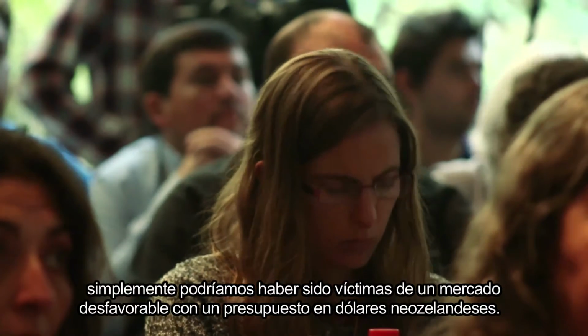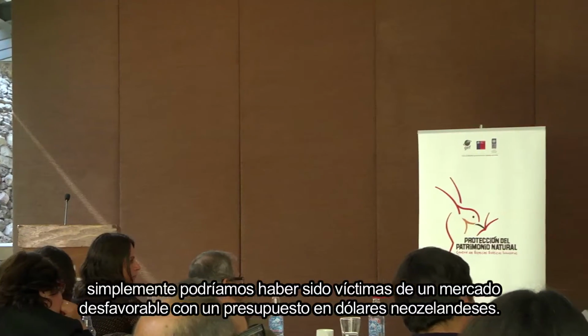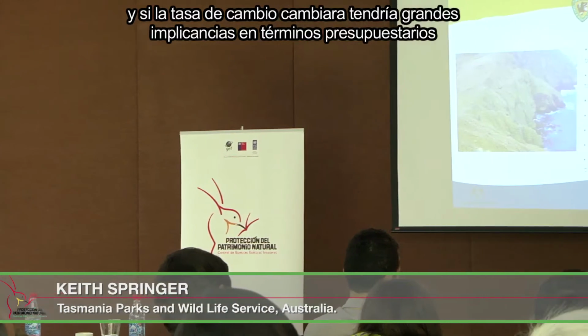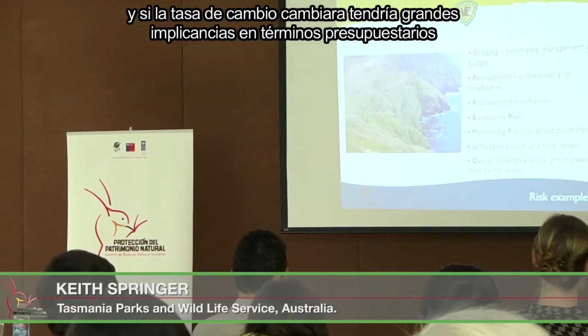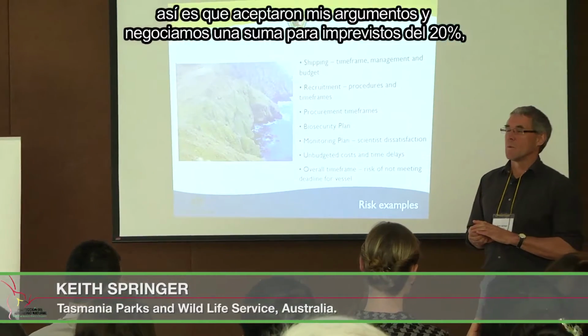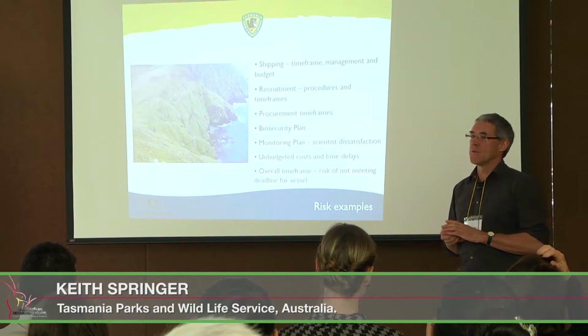Foreign exchange, a lot of our budget was budgeted in New Zealand dollars, and if the exchange rate changed, that had big implications too. So in the end, they accepted my arguments, and we negotiated a 20% contingency sum.